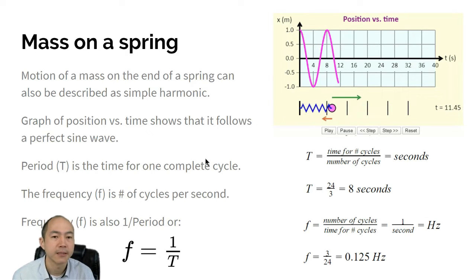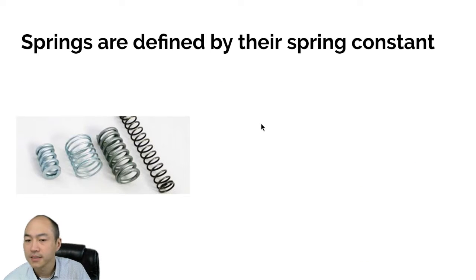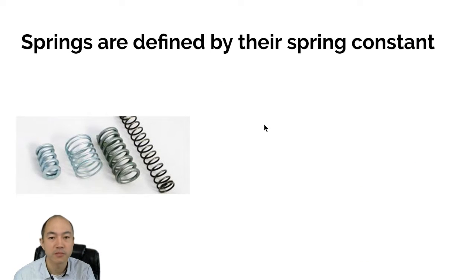But let's take a look at what this means in terms of springs. Springs are defined by a thing called their spring constant. So, lots of different springs exist. You've got these little small light springs, you've got these thick heavier ones, and these ones in the middle.